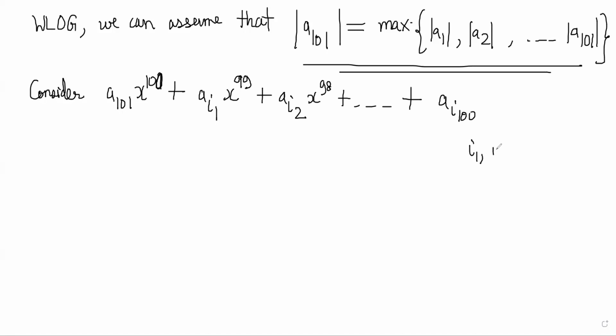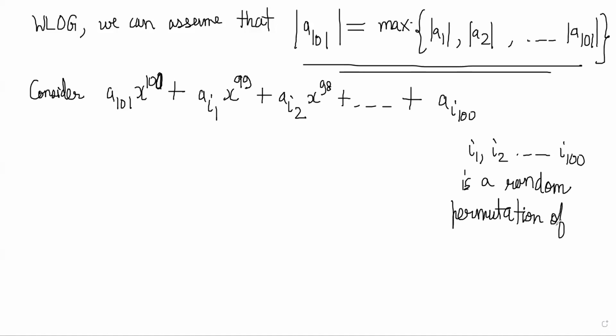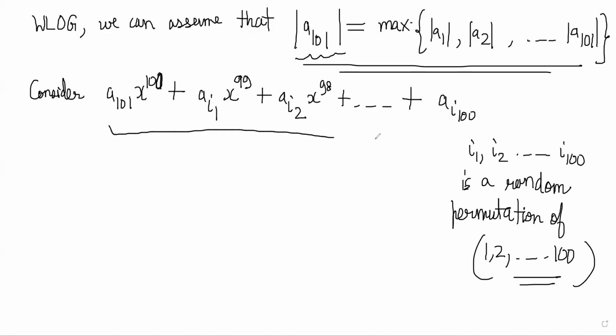Here i1, i2 till i100 is a random permutation of the numbers from 1 to 100. We are saying right now that a101 is the term with the maximum absolute value, and after that we have a random arrangement of the remaining numbers, and this is the polynomial that we are considering, right?